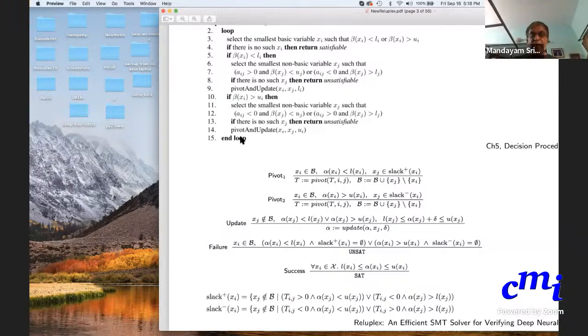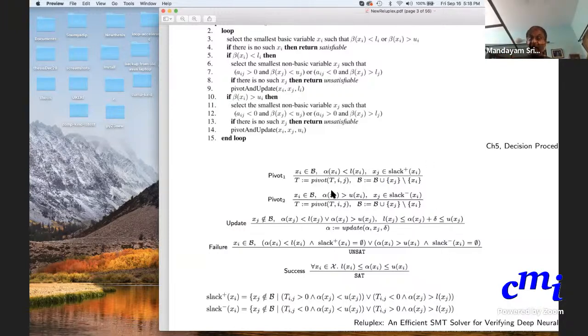That's why in the pseudocode shown before, they merge the pivot and the update operation.